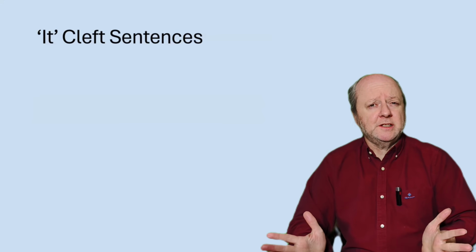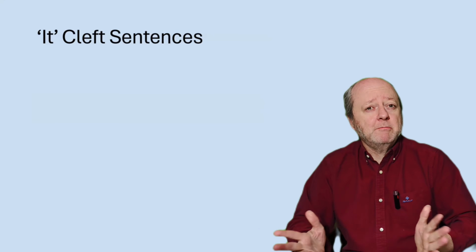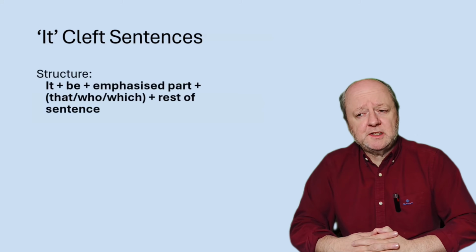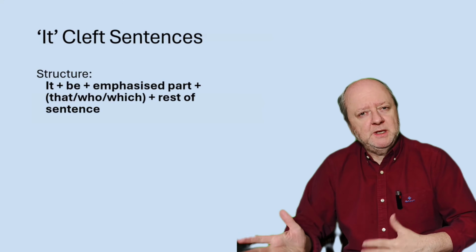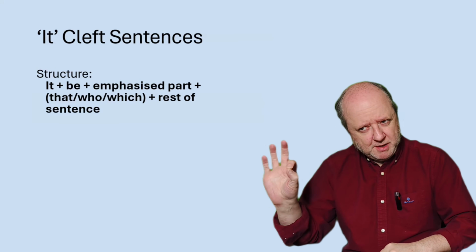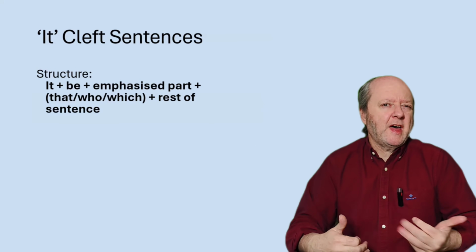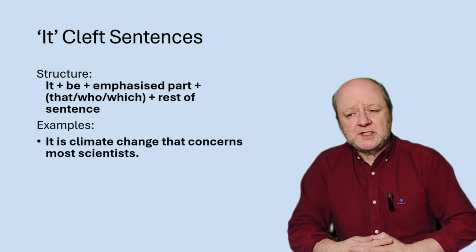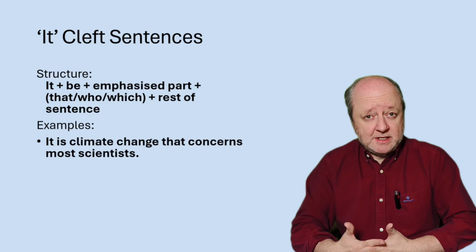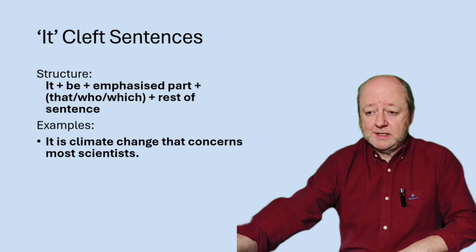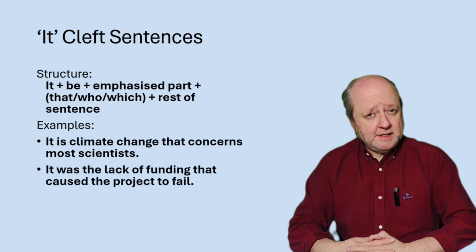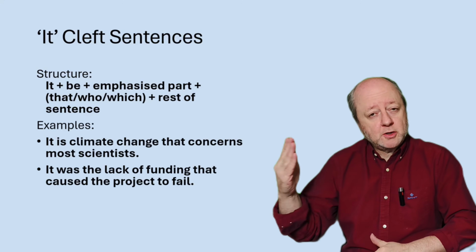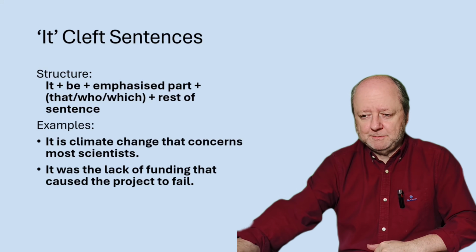There are different kinds of cleft sentences. Some begin with it, and look like this. You've got it, the verb to be, and the emphasized part. Then you usually say that, who, or which, and the rest of the sentence. Here are some examples. It is climate change that concerns most scientists. It was the lack of funding that caused the project to fail.